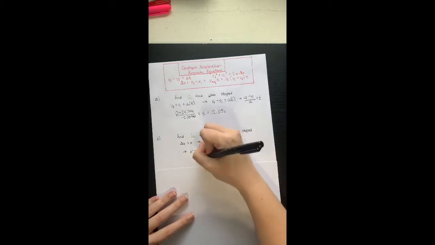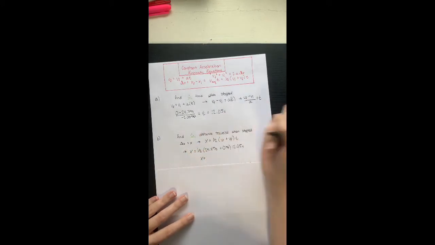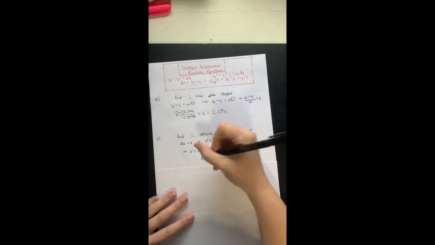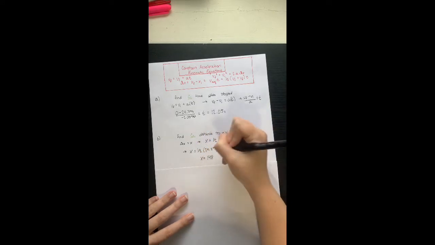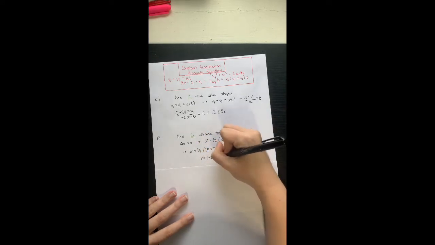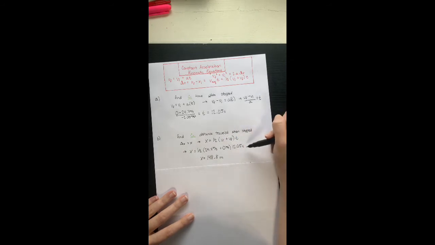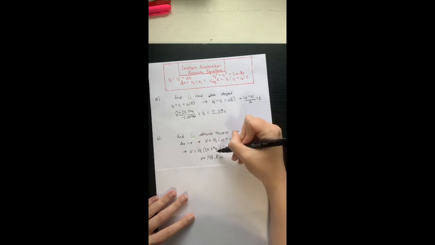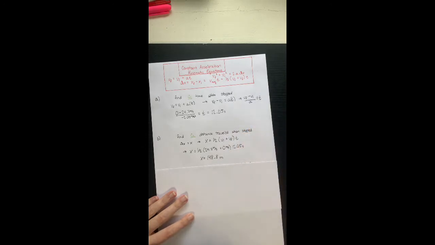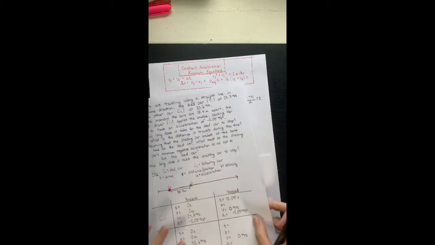Totaling all this up on your calculator, you get x equals 148.8 meters. All these units will cancel out. Seconds times the seconds, you're left with meters. Okay, so we have our new x.